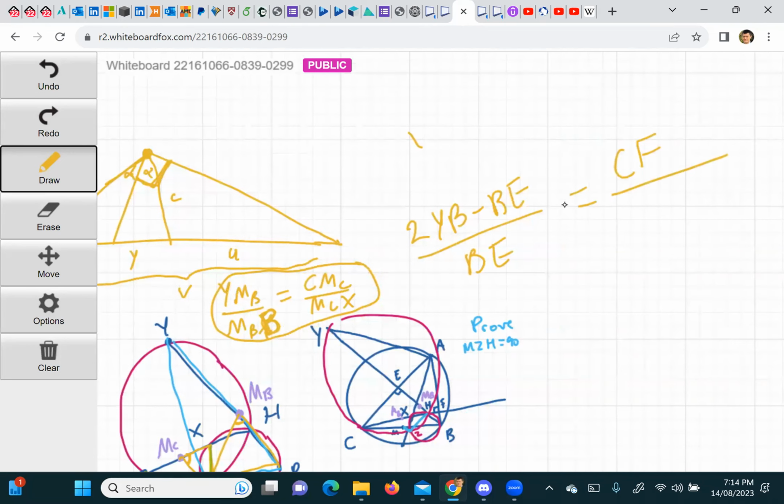CF, let's go. And then MCX. MCX, so maybe it could be CX minus MCC.